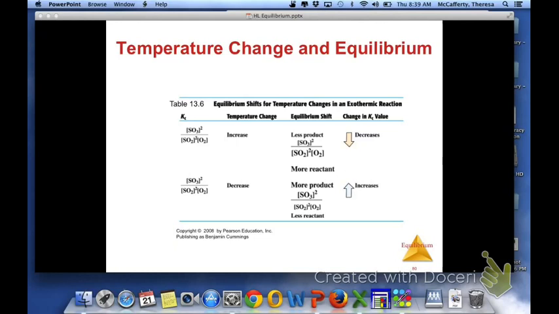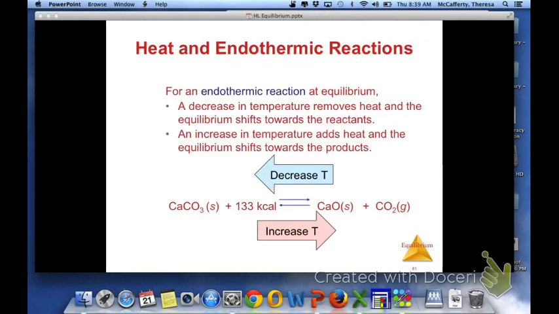So if I look at an endothermic reaction, I put my energy on the reactant side. If I decrease the temperature, I'm decreasing the concentration of a reactant, and my equilibrium shifts to the reactant side. Conversely, I lost all my writing, sorry.